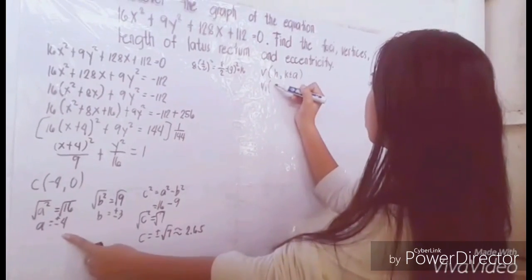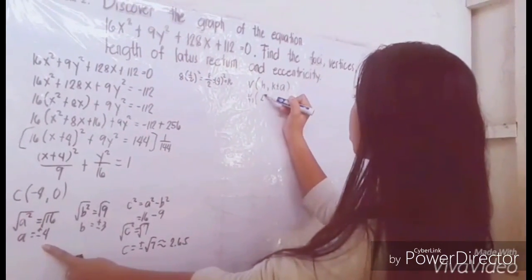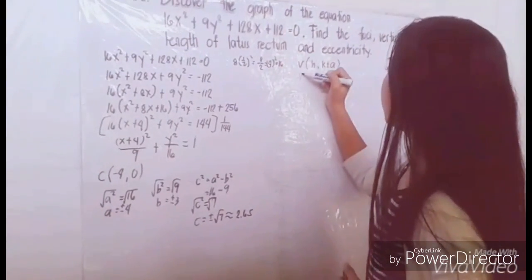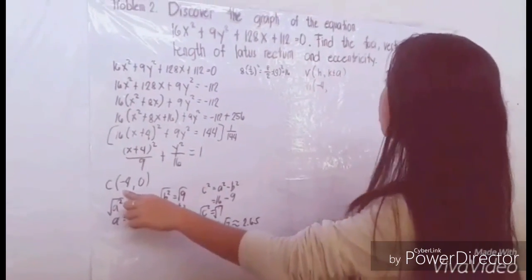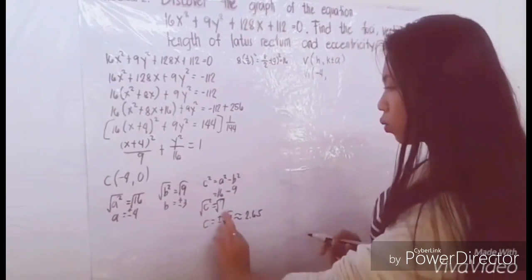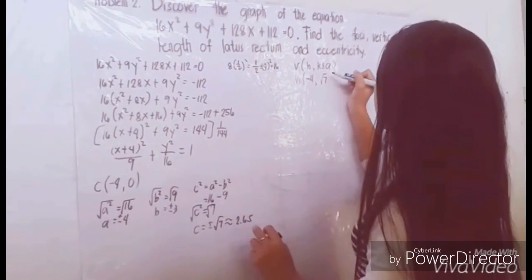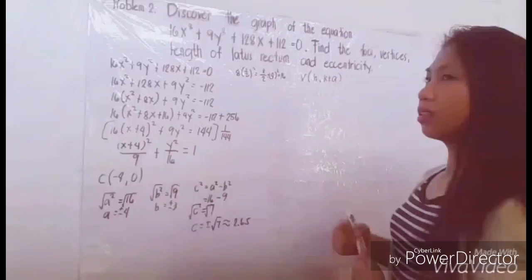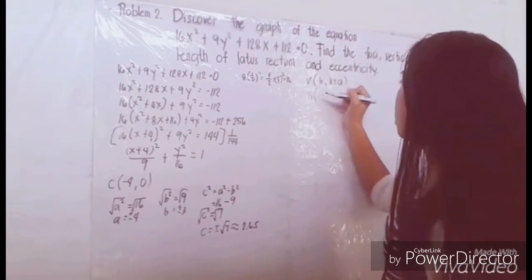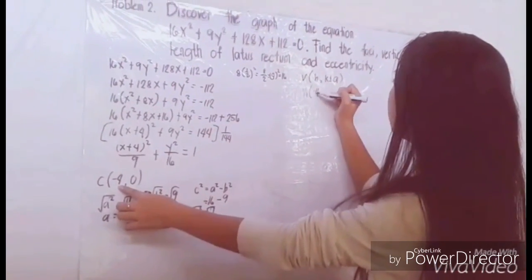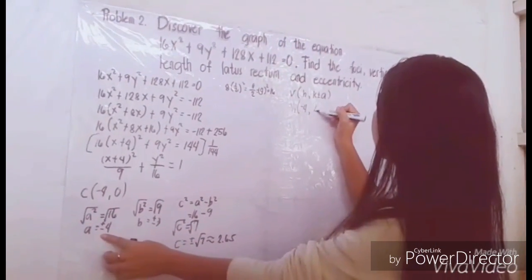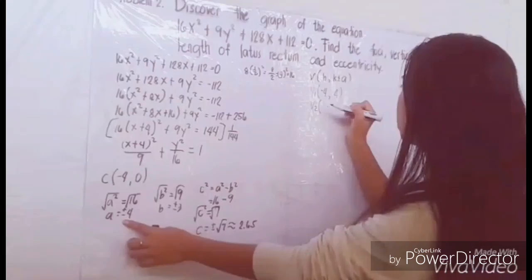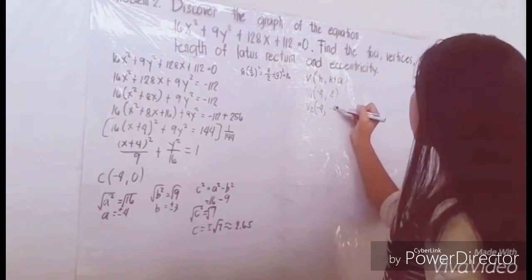So we have our vertex 1, which is h, negative 4, and k, 0 plus 4, so we have positive 4. And our vertex 2 is negative 4, negative 4.